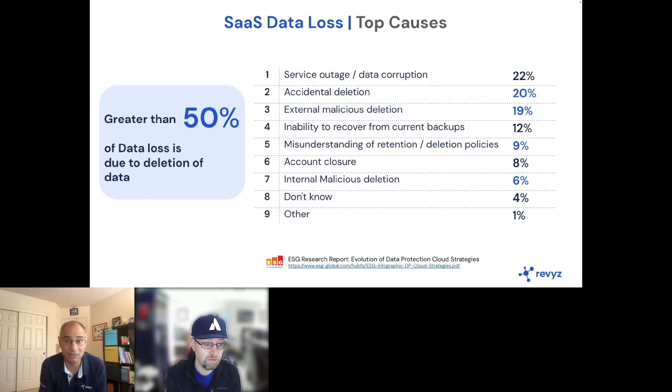Deletion could be due to multiple reasons. They've broken it down further: accidental deletion is probably one of the top causes, followed by malicious deletion. Malicious deletion could be a malicious insider or a malicious outsider.